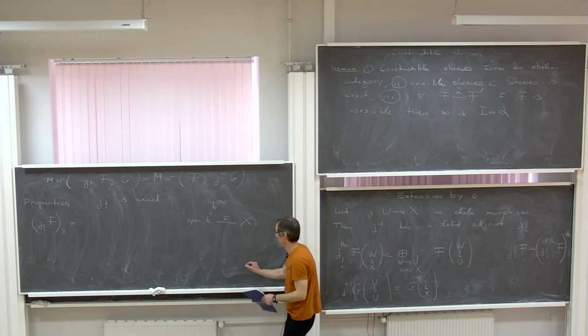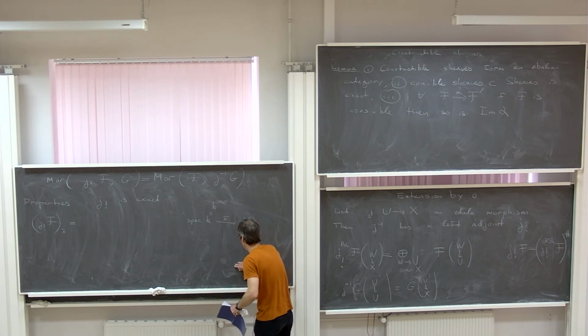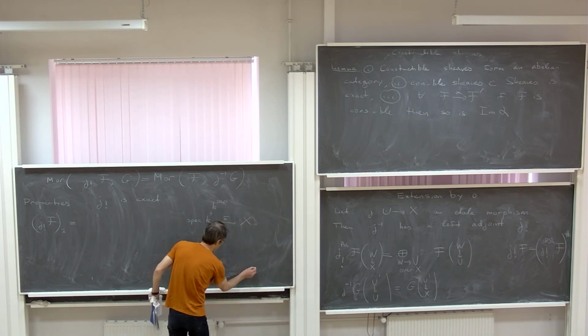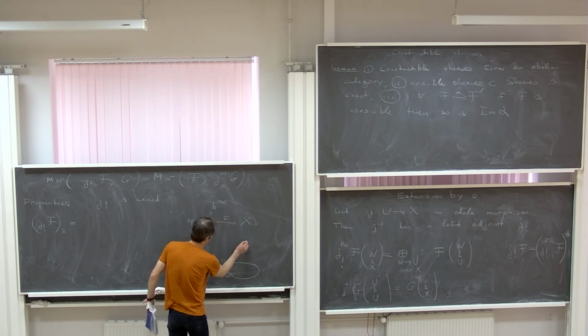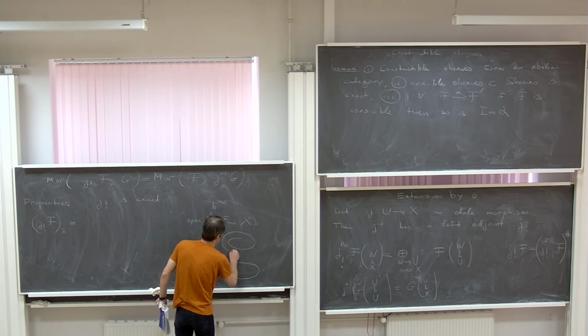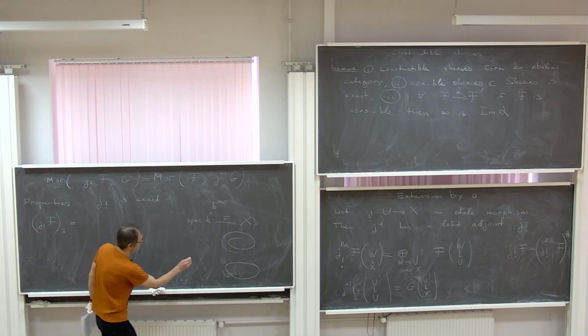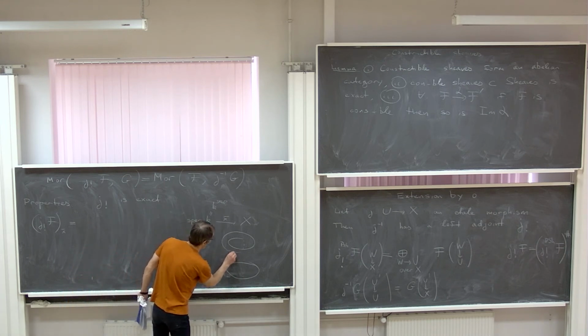Suppose that U is something like this. So I have x, and I have a two-fold cover with one point removed. So this point is removed.